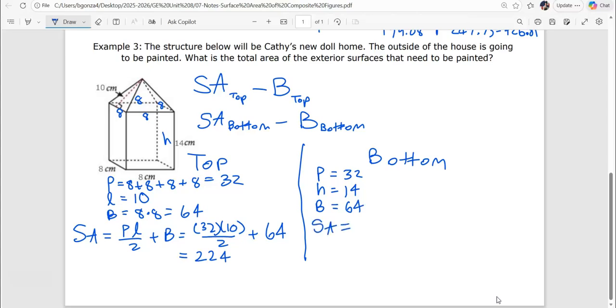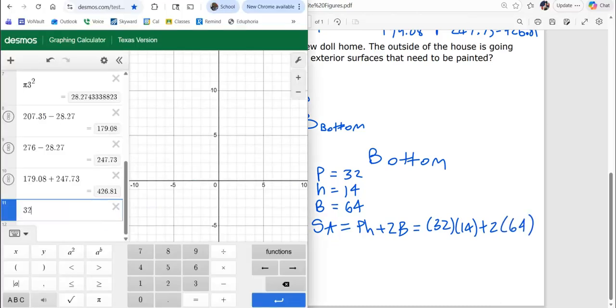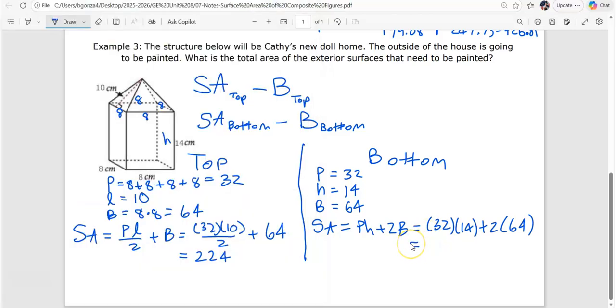Surface area is PH plus 2B, which is 32 times 14 plus 2 times 64, which gives us 576. Okay, write that down, and I'll slow it down for this last little piece.